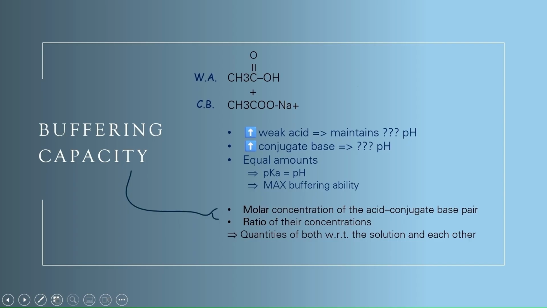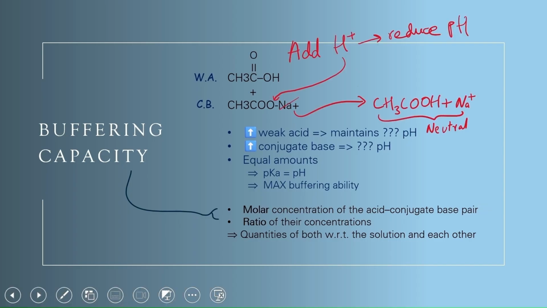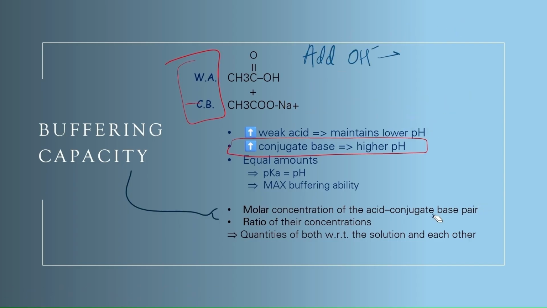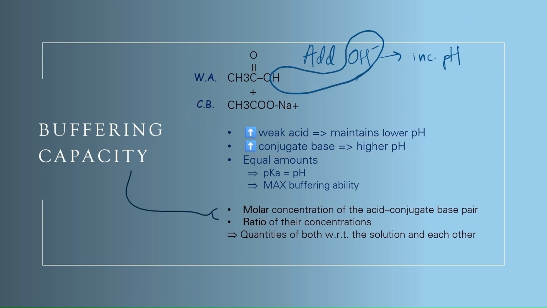Now what happens if you have them in equal amounts? So, we spoke about pKa and pH. We said pKa has to do with the nature of the substance while pH is of the solution. You don't need to remember why or how this happens because it has to do with a complex equation that you do not need to learn.